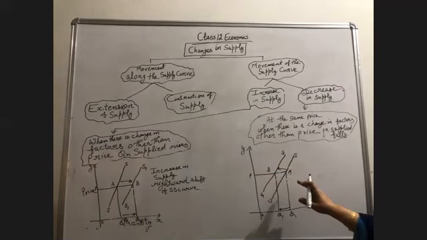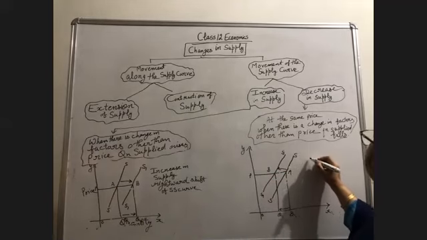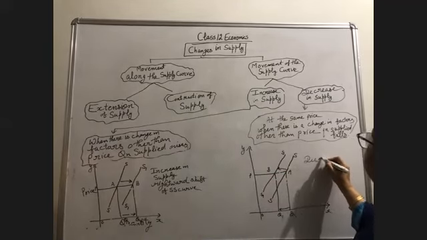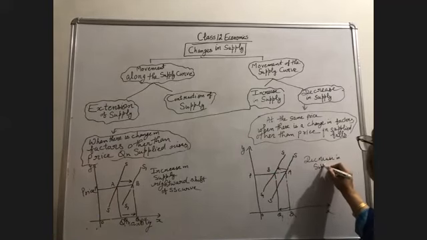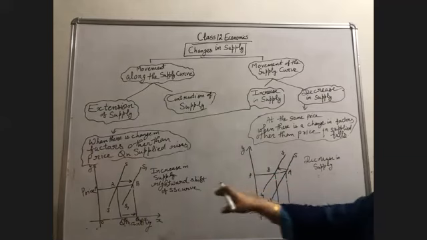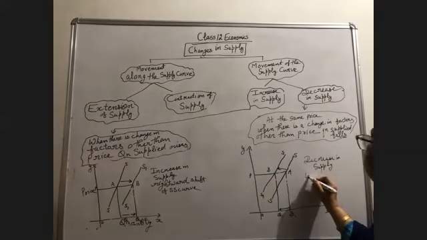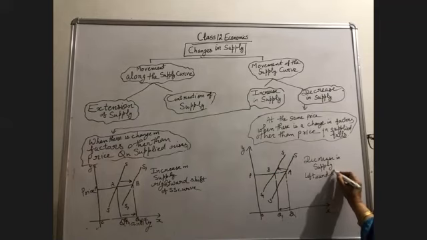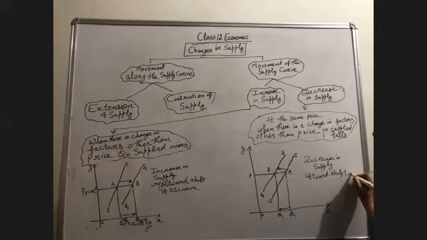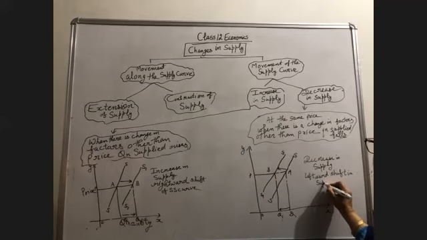A leftward shift shows that there is a decrease in supply. It is so simple. Rightward shift means increase. Leftward shift means decrease. Leftward shift in the supply curve.